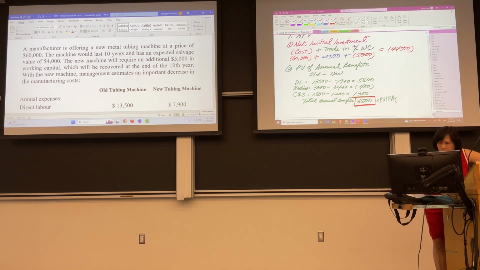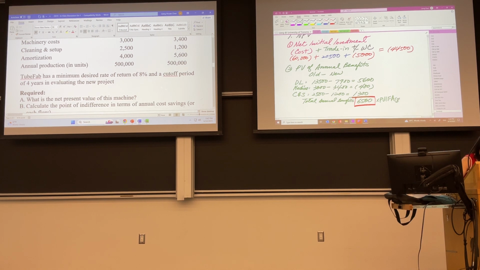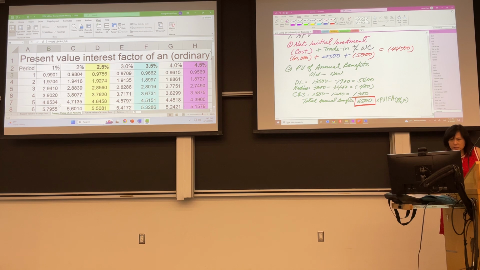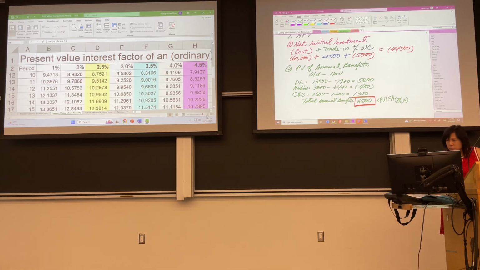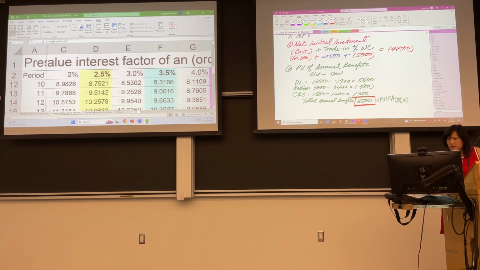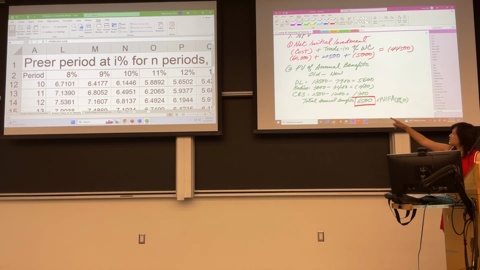What's the required rate of return? 8%. 10 years. Okay, so now I go to this table, annuity. Not because 10 years you times 10. No, time value of money. So annuity, I go to year 10. Make it bigger so you can see better. Okay, I keep going. 8%. Okay, so this is the number.